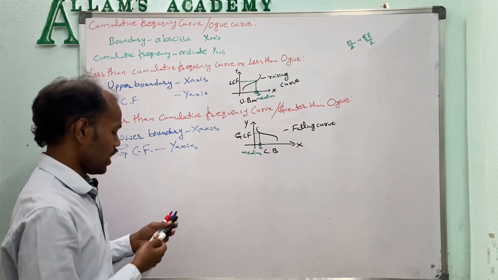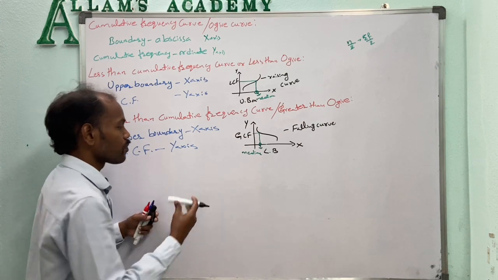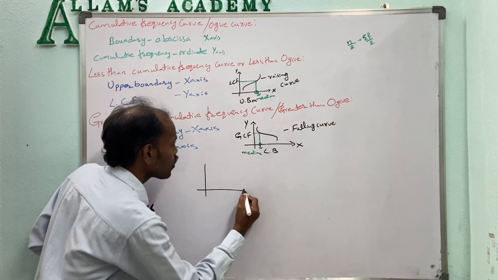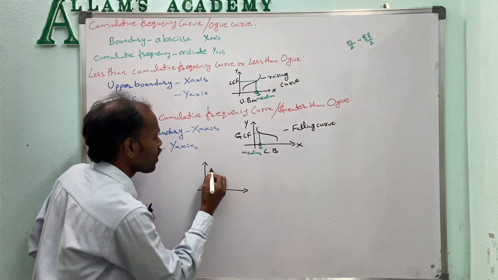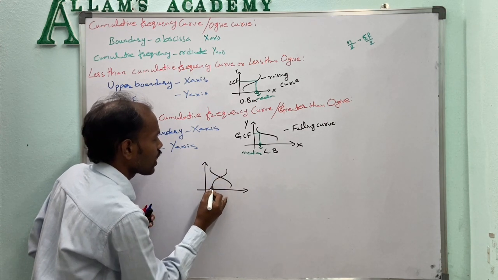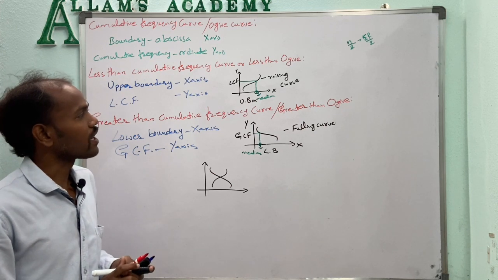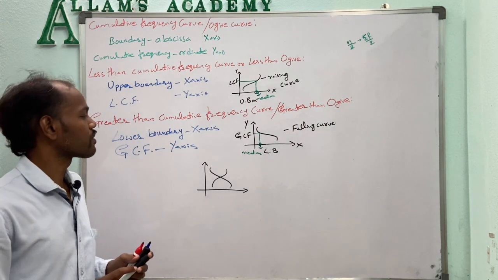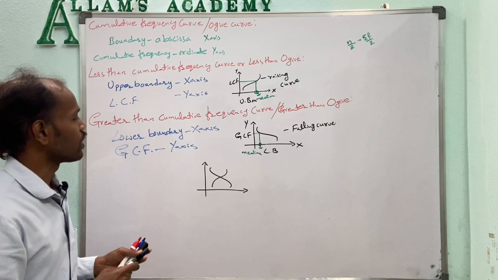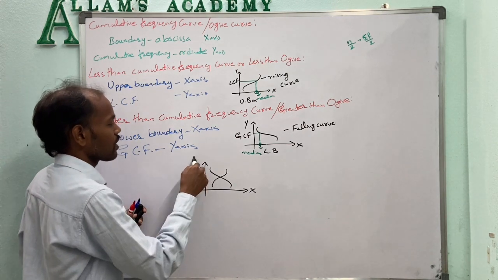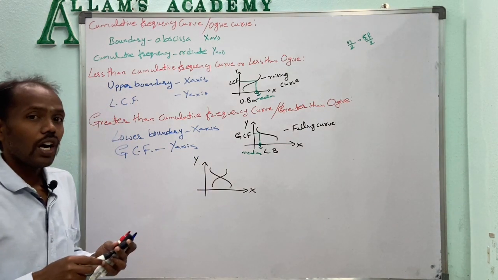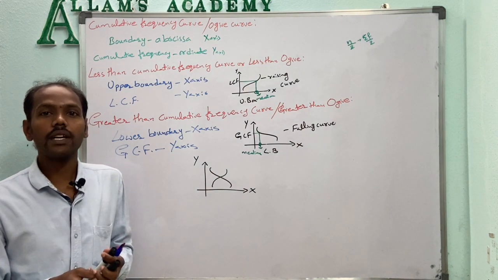For example, if we take both the rising and falling curves, that means the less than cumulative frequency and greater than cumulative frequency curves are drawn. So from this we have a chance to find the median.